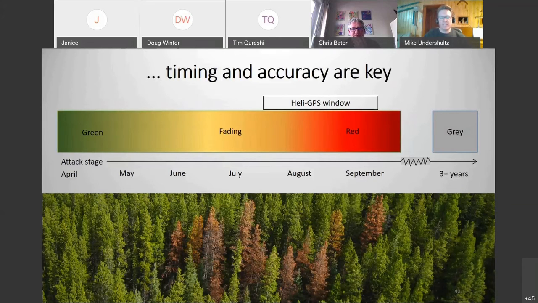We can't necessarily start too much earlier than this window, because we want to ensure that all the trees have faded. We base our budget calculations and our contracts and a lot of our things on the predictions of the numbers of trees. So if we're not getting a very accurate estimate of those, not only are we going to miss them for the control program, we might find some of them, but if we do find them, they won't be budgeted for.